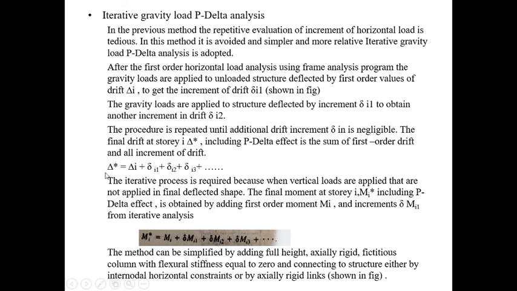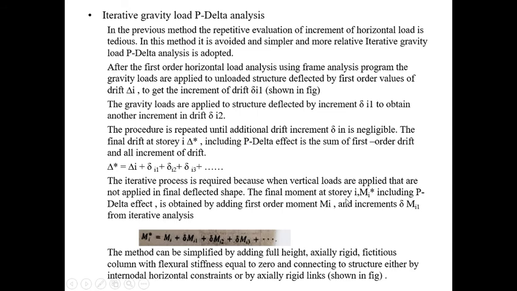So the total final drift, delta star I, is the sum of the first order drift delta I plus these increments, delta I1 plus delta I2 plus delta I3. The iterative process is required because when vertical loads, those gravity loads, are applied, in actuality they are not applied in the final deflected shape.